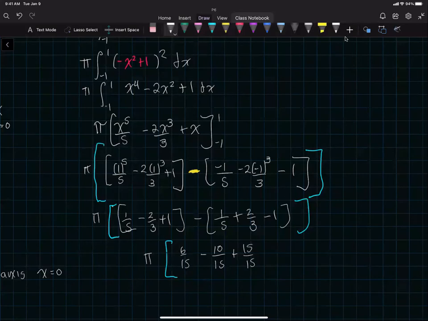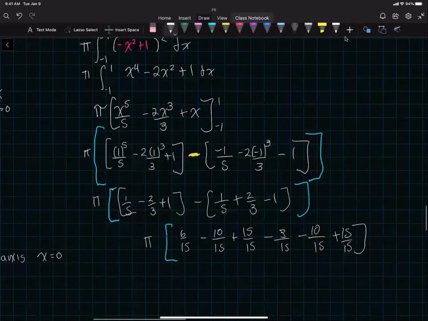And then minus, let's see, times 3. So there's going to be 3 over 15 minus 10 over 15 plus 15 over 15. So all you have to do is add all the top numbers.